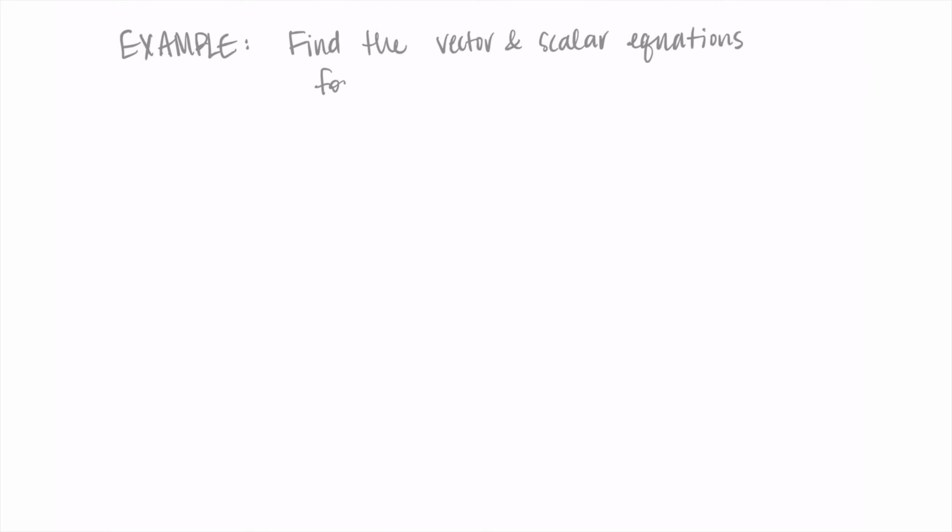So in this first example, I want us to find both the vector and the scalar equations just to get used to them. And this is going to be for the plane, and I'll give you a point and a vector.